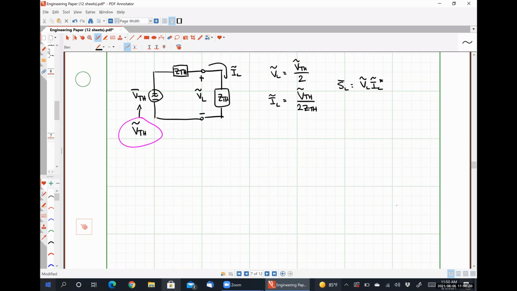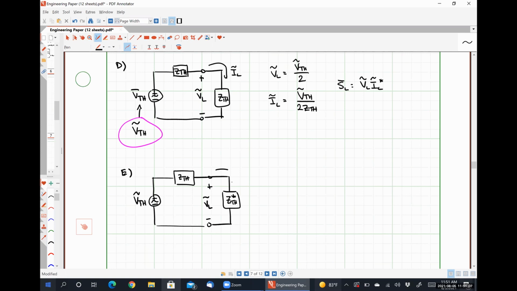For part E, we're going to be working with the RMS Thevenin voltage again, ZTH, ZTH conjugate here. Still looking for VL, and we're still looking for IL.